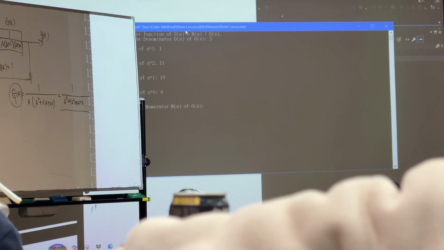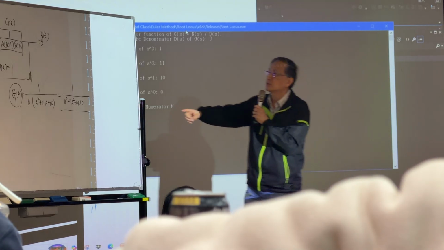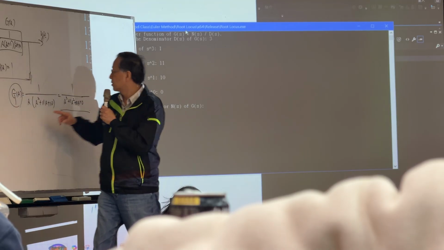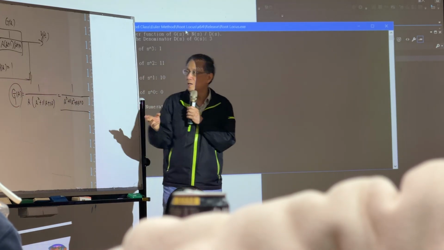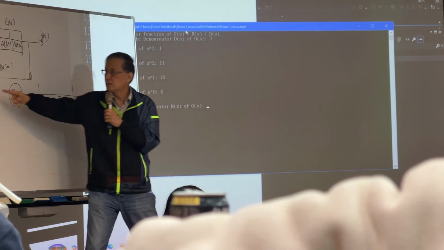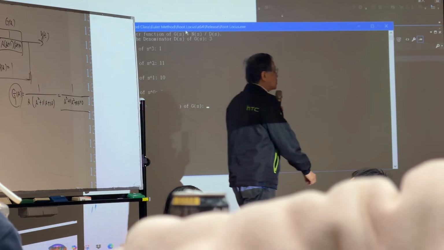Then they asked me to enter the degree of the numerator. The numerator degree is 0, because it's a constant. But we will later multiply by a k, right? So the numerator is actually k. Because G(s) is 1, but then it will be times k.